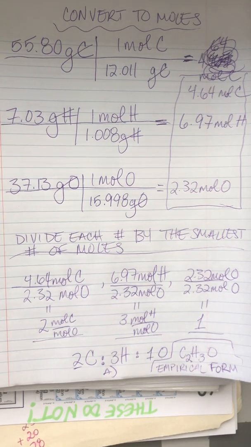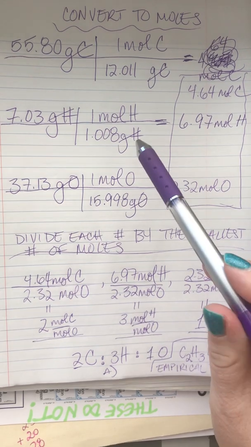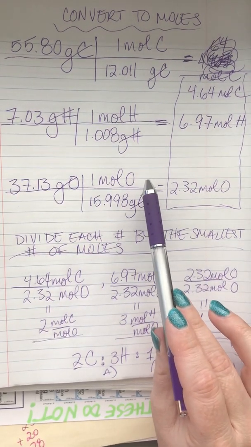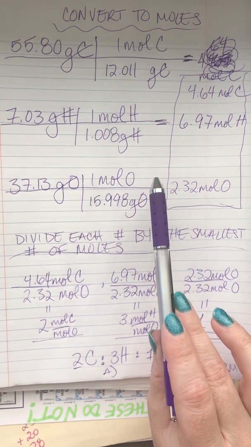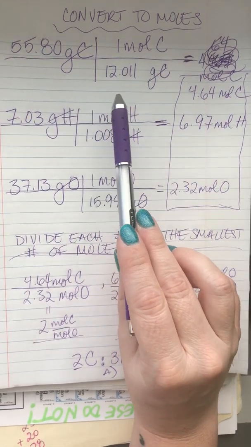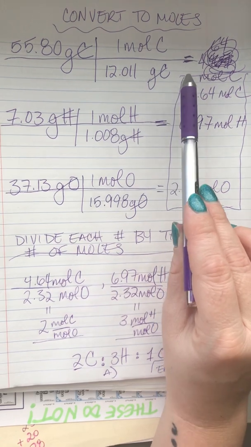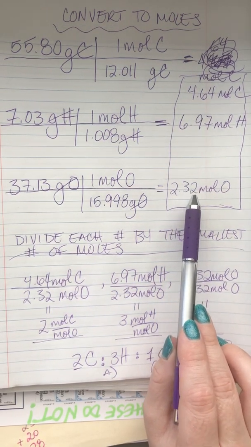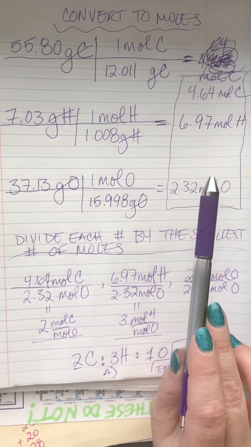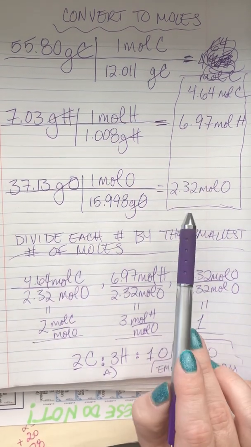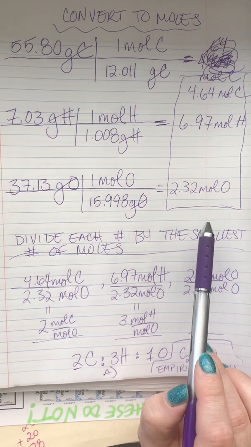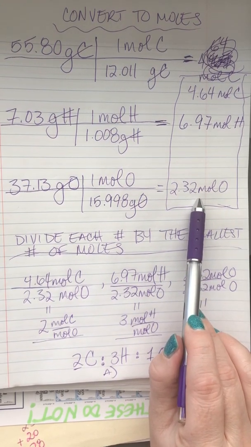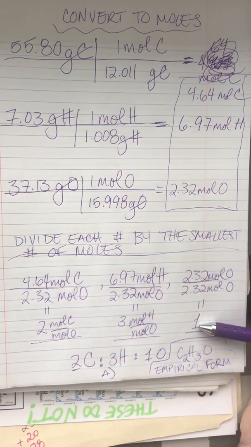So just to reiterate here, we first went from percentages, percent by mass. We pretended like they were masses, and we converted them into moles. Once we have moles of everybody, now we're looking at the molar ratio of each atom relative to the smallest number of moles. The reason we use the smallest one to divide is because that gives us whole numbers.